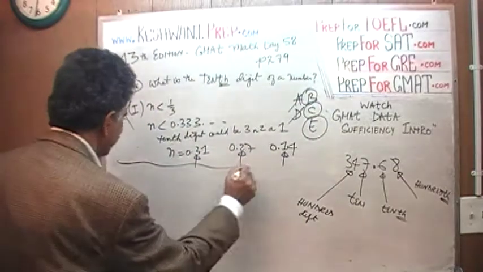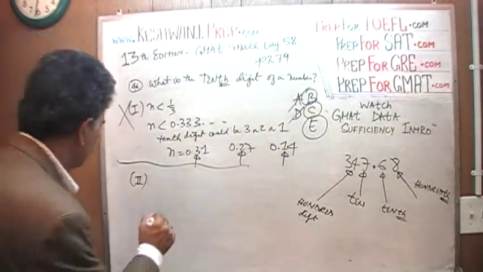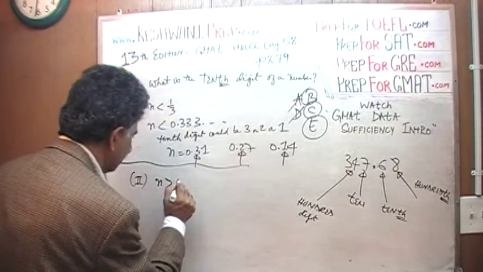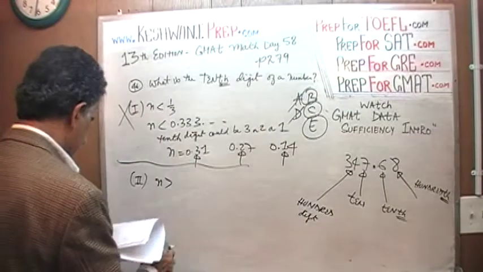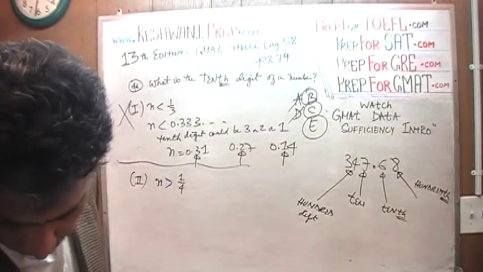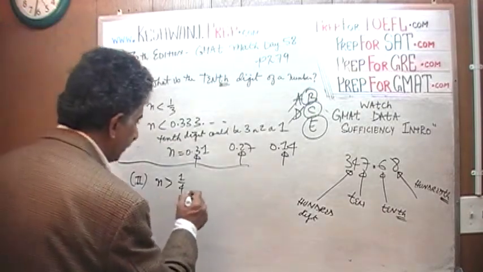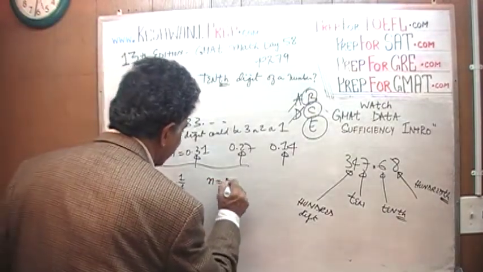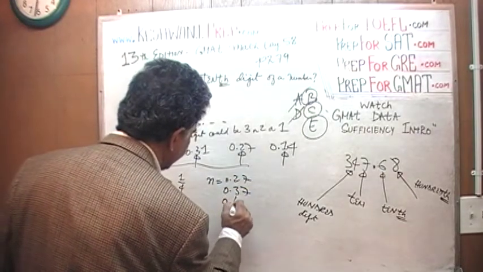Let's look at the second statement. The second statement tells us that n is more than a quarter. Again, n could be equal to 0.26, or 0.37, or 0.67.